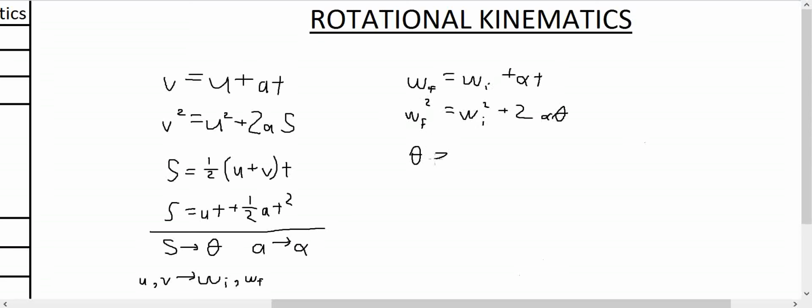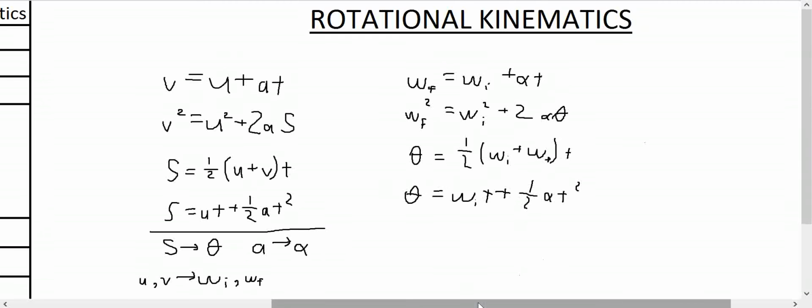Theta equals half (omega I plus omega F) t, and theta is also equal to omega I t plus half alpha t squared.